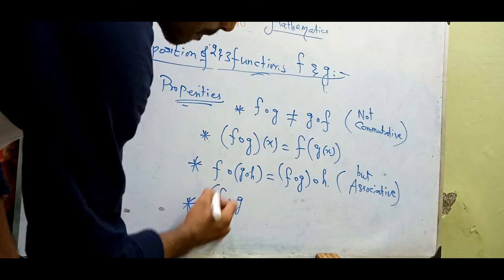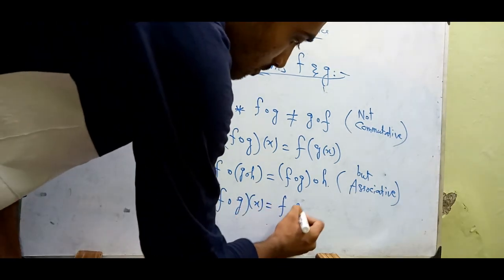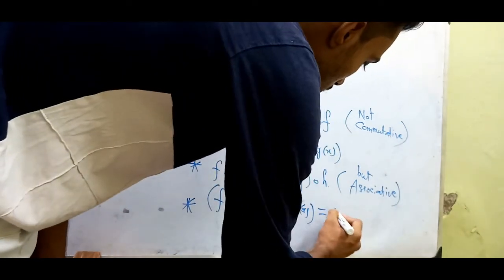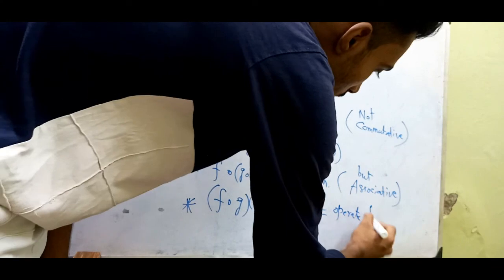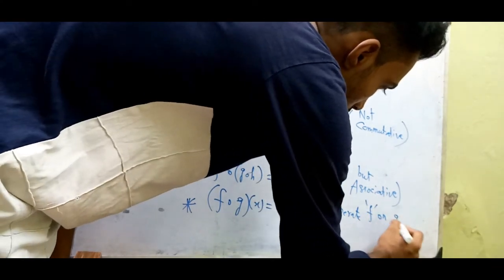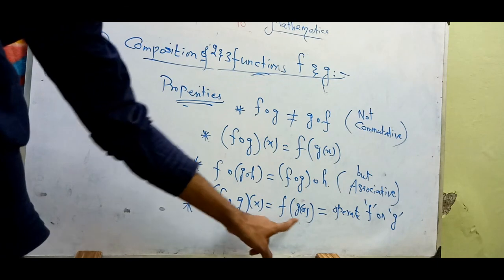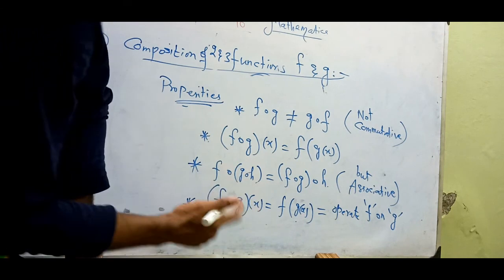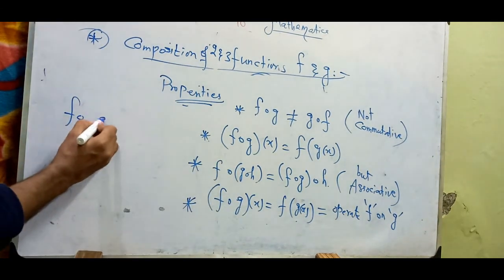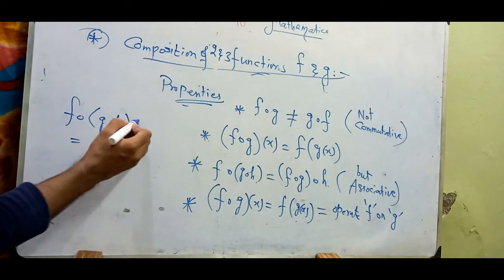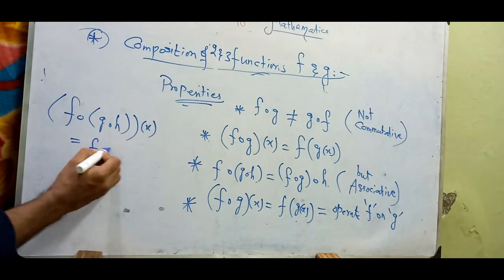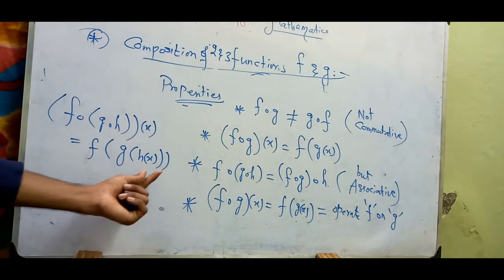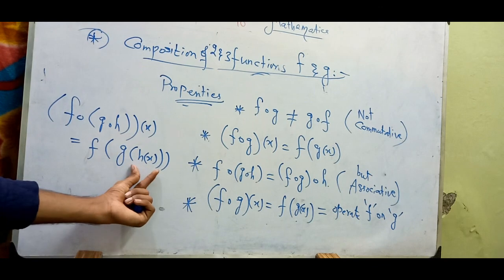For F compose G of X, F of G of X, first operate F on G, F by G. For composition of 3 functions, F compose G compose H of X can be written as F of G of H of X. This bracket is for this, and this is for this.